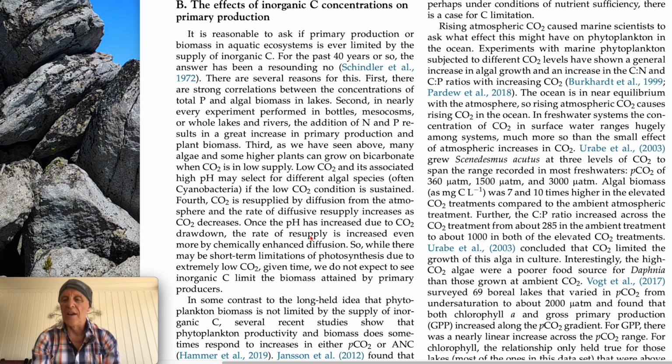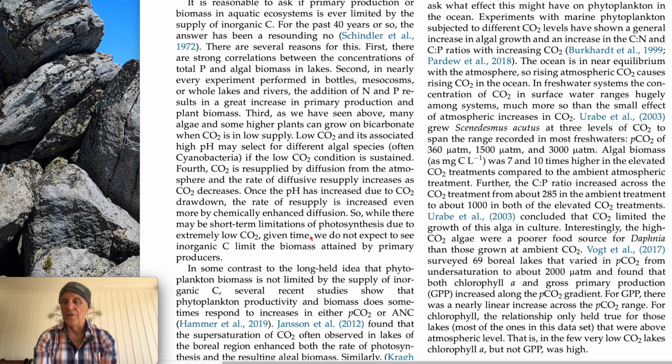The ocean is in near equilibrium with the atmosphere, so rising atmospheric CO2 causes rising CO2 in the ocean. In freshwater systems, the concentration of CO2 in surface water ranges hugely among systems, much more so than the small effect of atmospheric increases in CO2.